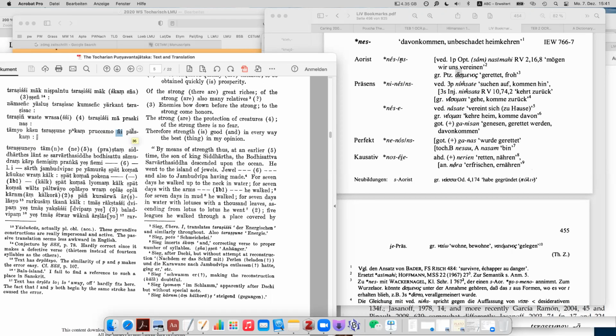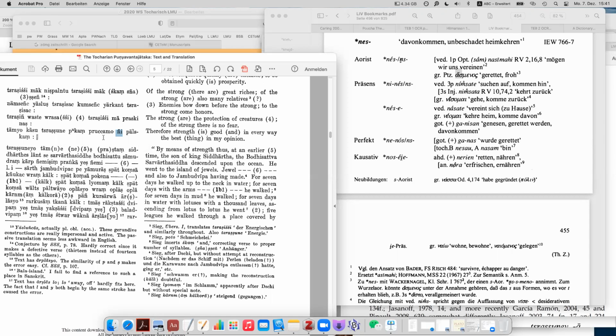Persk means actually mind. So it means therefore, in my mind, power is good. Power is beneficial among all the things. So beneficial among all the things means that power is actually the best for me in my mind.